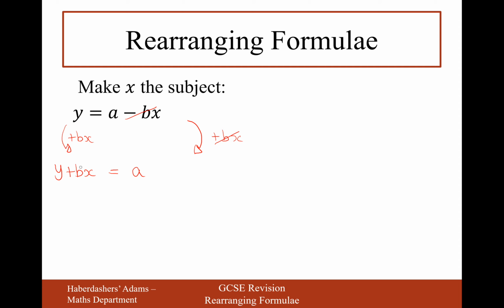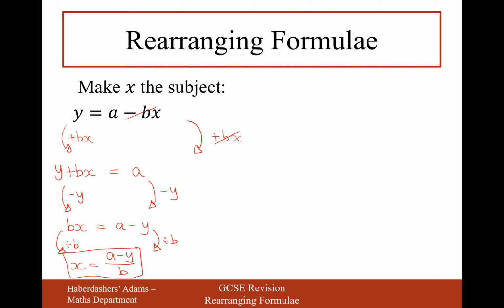And now it's going to be a lot easier now that X is positive on the left hand side. The next thing I'll do is take away this Y letter, so take away Y from both sides, and I'll be left with BX equals A minus Y. The final thing to do will be to divide by this B, because X is being multiplied by B, and I'm going to do the opposite, so divide by B, divide by B, and I'm going to get X equals A minus Y divided by B. And there we are, that's the answer to this question.